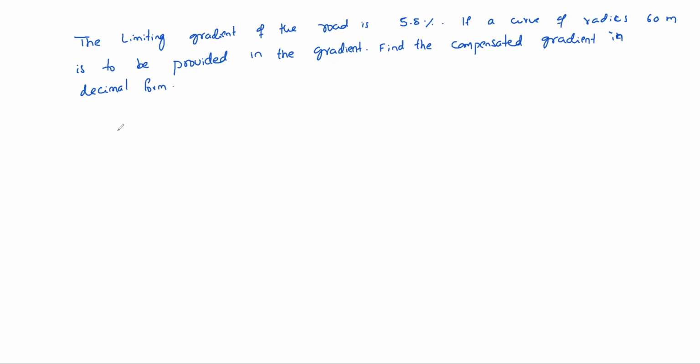Okay, compensated gradient. Grade compensation equals the minimum of (30 plus R) by R and 75 by R. That is the minimum of 90 by 60, which is 1.5, and 75 by 60, which is 1.25, right? That equals 1.25%.